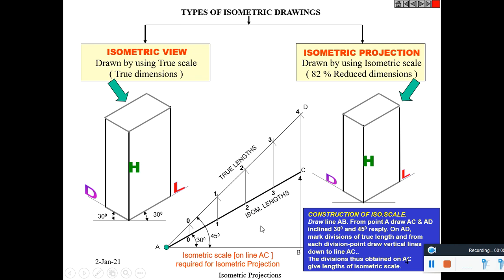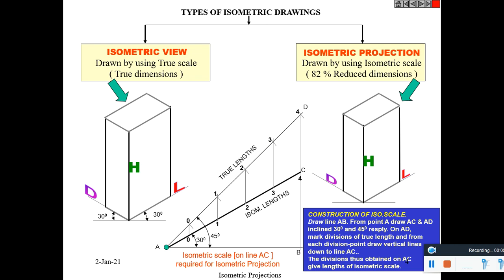The method of constructing the isometric scale is as given here. First of all, draw a line AB. Then two lines are drawn, one at 30 degrees and the other at 45 degrees. So AC at 30 degrees and AD at 45 degrees.